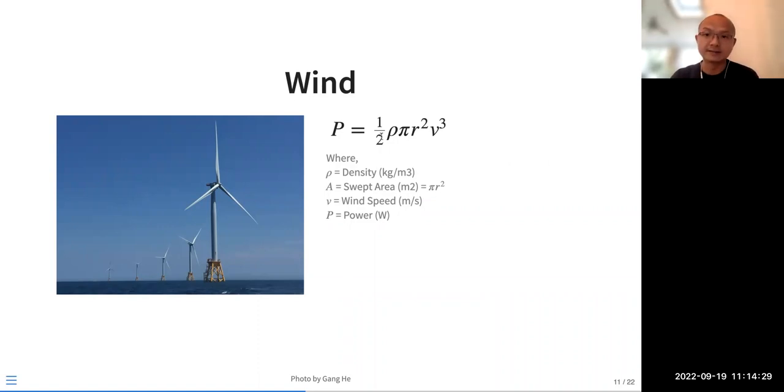Rho here is the air density. That's very often a given number, and it varies over different elevations and locations, but it's comparatively constant. So this is the fundamental physics: it's the kinetic energy embedded in a moving air mass.